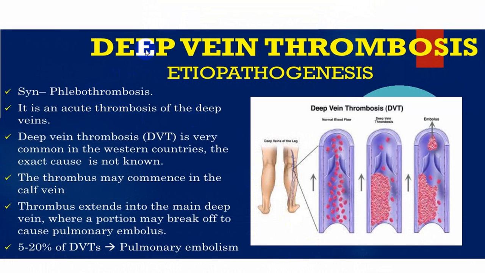The second word which is utilized is phlebothrombosis, which is acute, involves the deep venous system, and usually starts with the calf vein. From that, it may break up and give rise to pulmonary embolism. It is said that of pulmonary embolism, 80 to 90% of the time it is from the deep venous system.